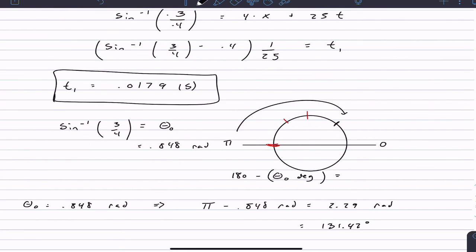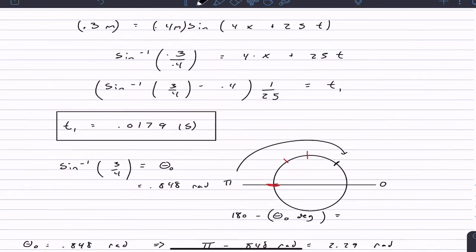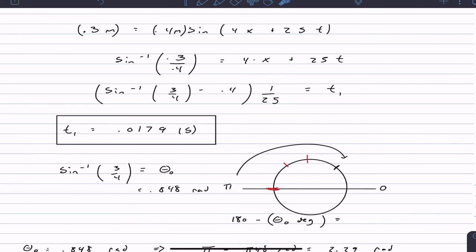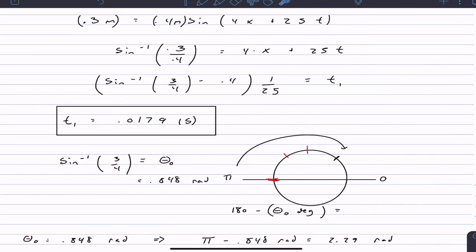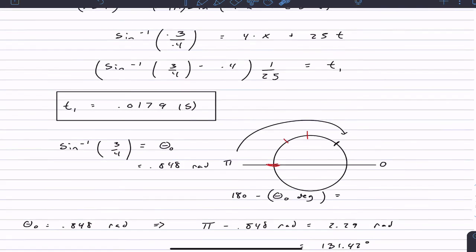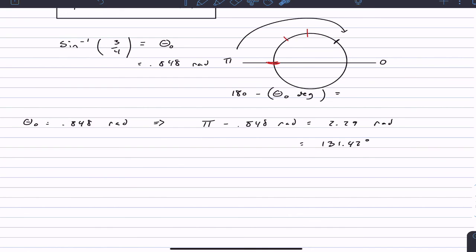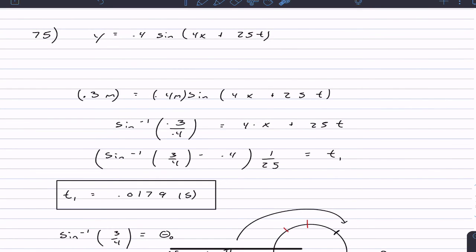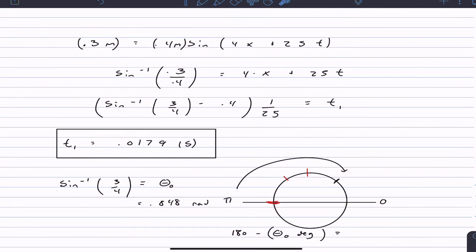This was the first one. Now we're looking for the second one, and we're using this relationship to do it. Since the first position was 0.848 radians, and we just found the second position, 2.29 radians, we plug that in here to the function. That's going to be our next time, and we solve for time. Plug the 2.29 radians in and solve for time.